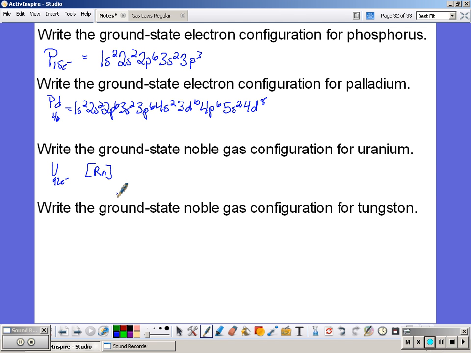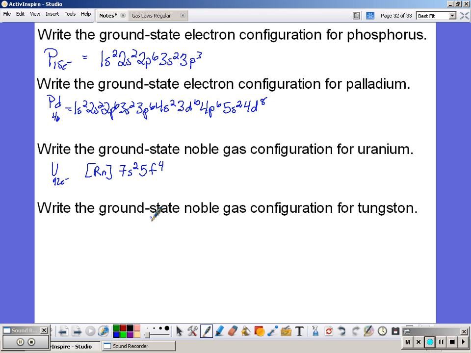So we're going to do 7s2. Then we're going to jump down to the actinide series, and the f block is 2 less than the row it's in. So it would be 5f4. Now, using the f block is going to take some practice, just like the d block did.